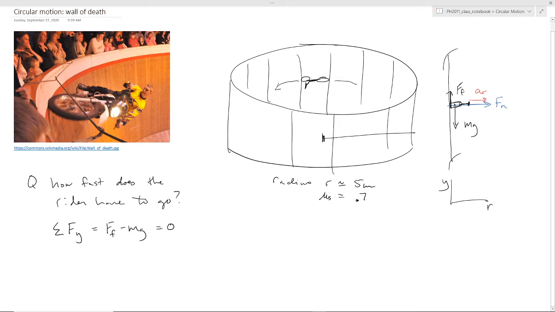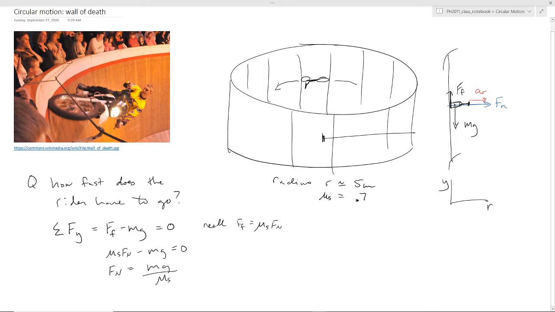And remember, the force of friction is equal to mu s times the normal force. So we can put this in as well, and this allows us to solve for the normal force in terms of these other quantities. So notice the normal force is going to be mg over mu s.